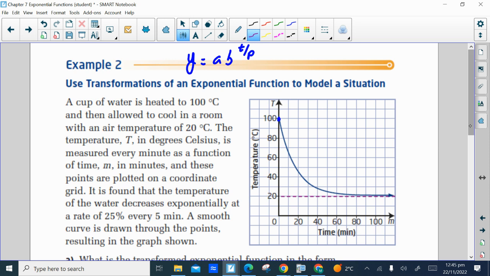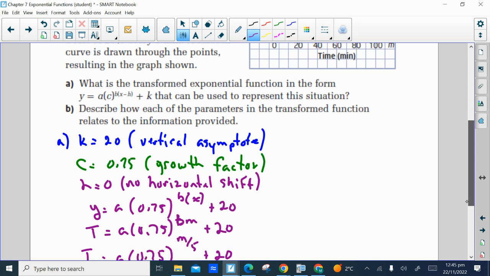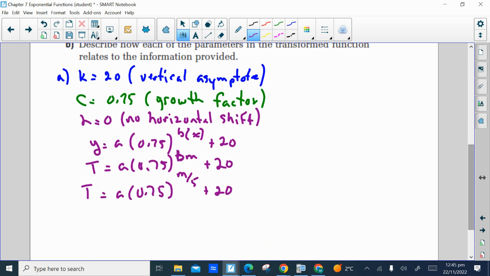And so because we started with our base being 0.75, our growth factor is 1/5 of the time that has elapsed. You see, if 5 minutes has gone by, then 5 divided by 5 is 1.